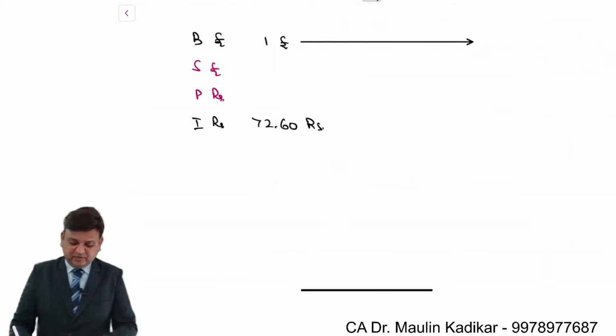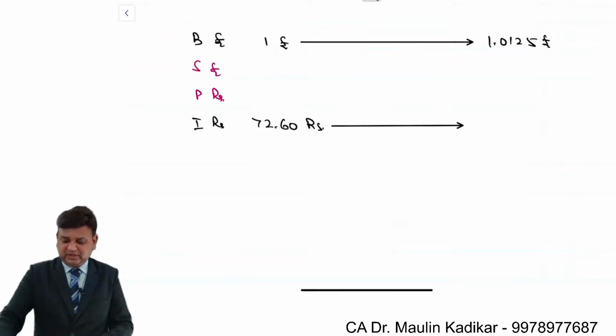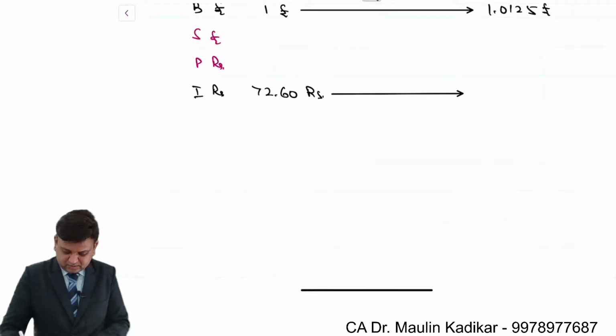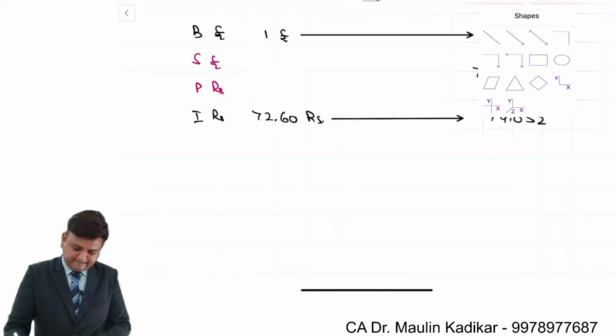So for borrowing of the pound, you will have the repayment 1.0125 pound, and for investment in rupees you will have the maturity as 74.052. So the break-even rate is 73.1377 rupees per pound. That is the break-even rate.